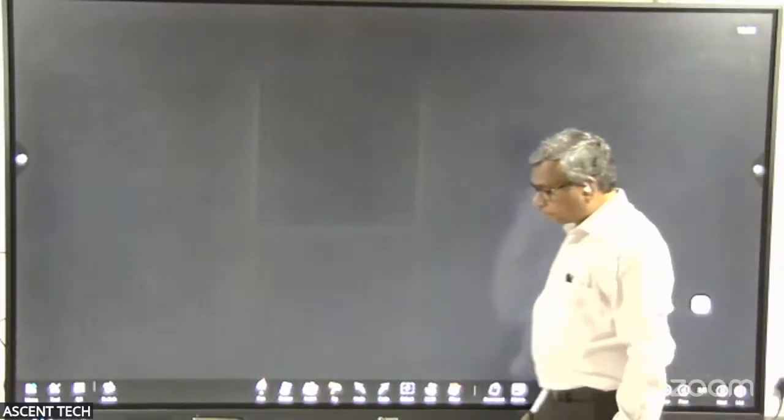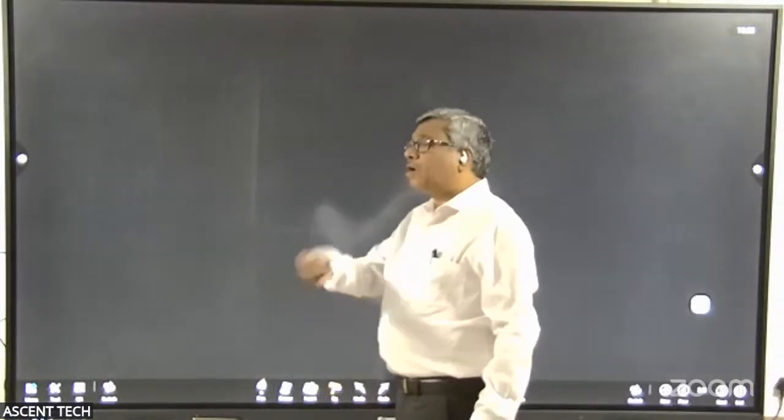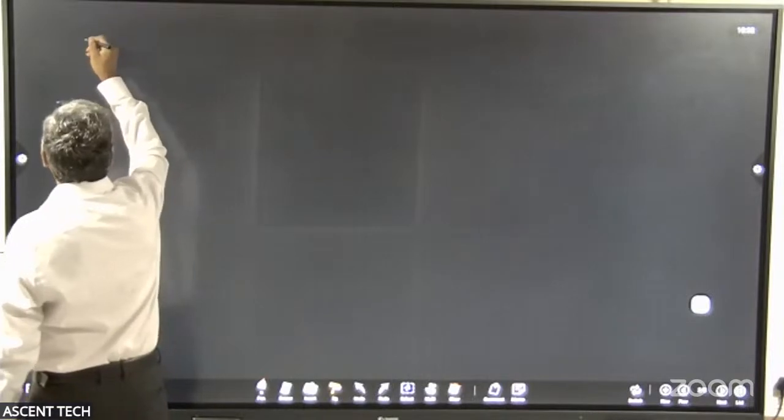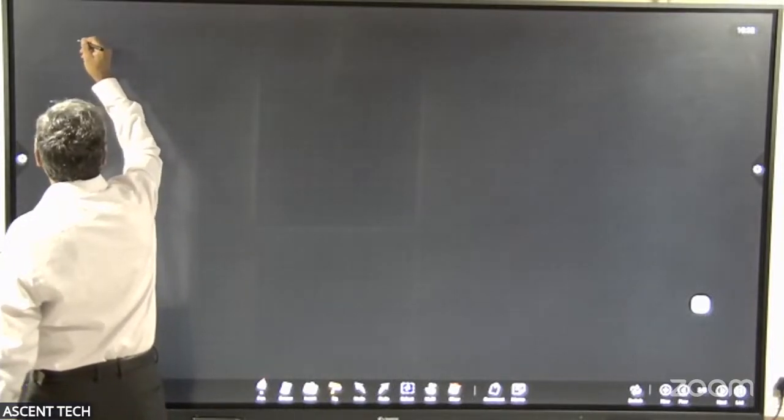I'm going to do the next topic. We talk about sequences of functions. This is also probably done already. Anyway, here is a little theorem, maybe a definition first.